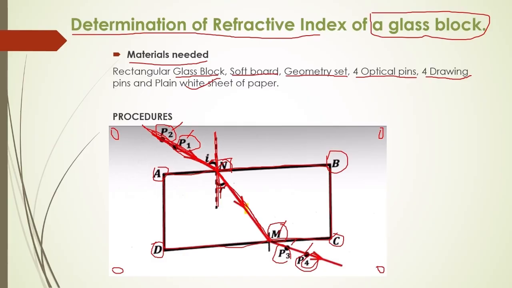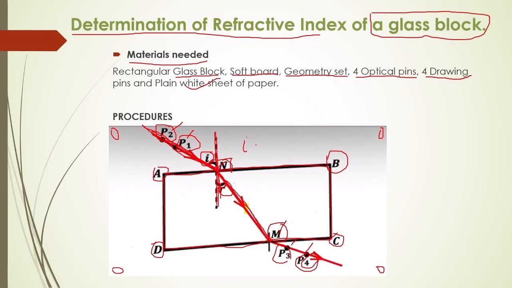Then using the protractor, you measure this angle R. After measuring the angle R, you repeat the experiment for different values of I, say I equals 20 degrees, 30 degrees, 40 degrees, 50 degrees, and maybe 60 degrees.